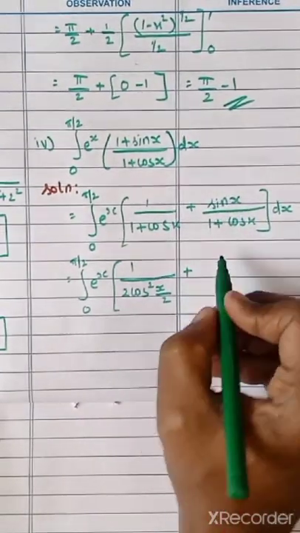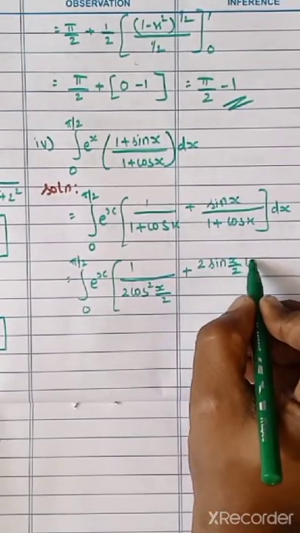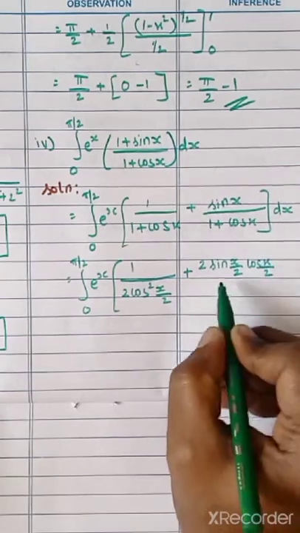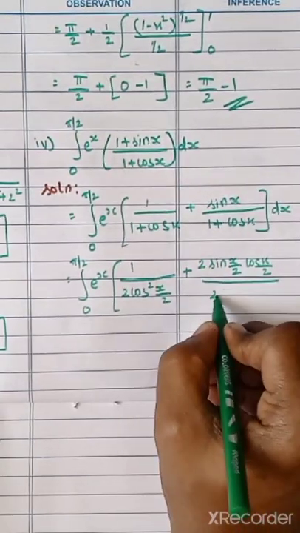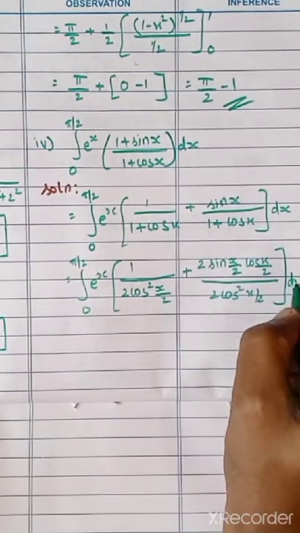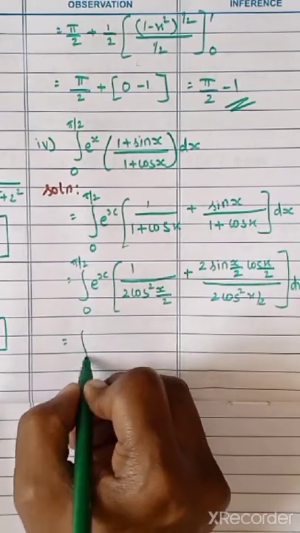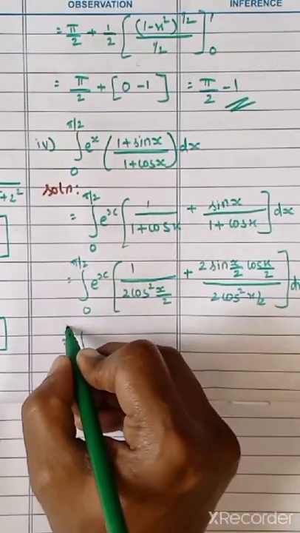What is the sin x formula? 2 sin x by 2 cos x by 2. The denominator is the same, 2 cos square x by 2, into dx, which is equal to integral 0 to pi by 2 of e power x.